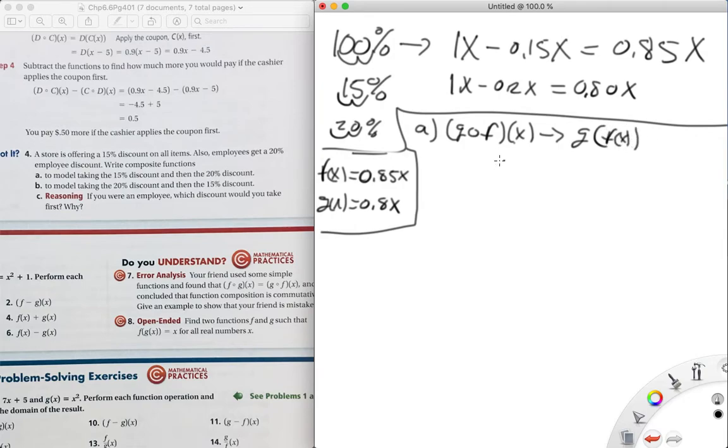Okay. So f of x is 0.85x, so it's going to be g of 0.85x.